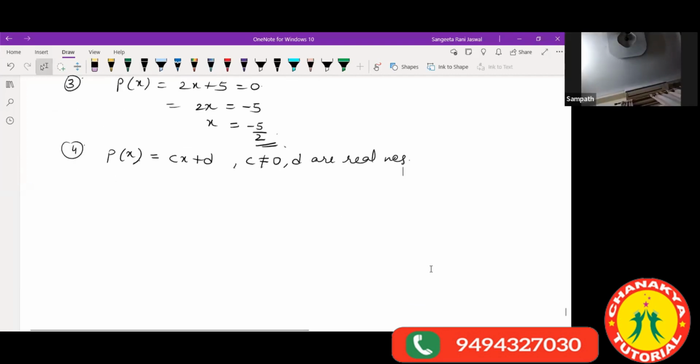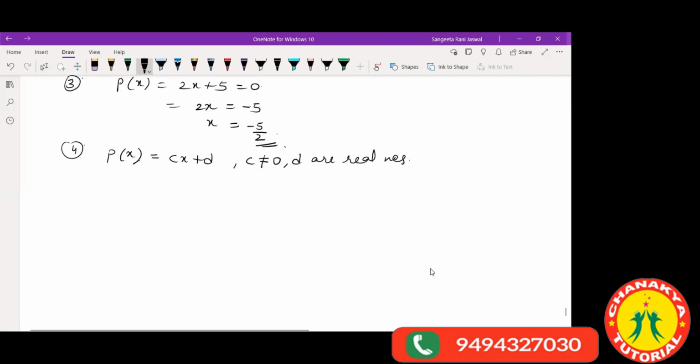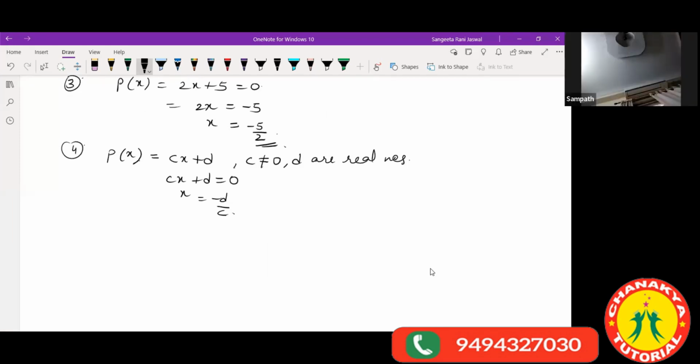Ma'am, minus D by C. Yes, minus D by C. So when you equate this, that means for what value of x will you get this equation as 0? You take D on the other side, this becomes minus D. C also goes on the other side, it gets divided. So it becomes minus D by C. Okay, children? Yes, ma'am. Okay.